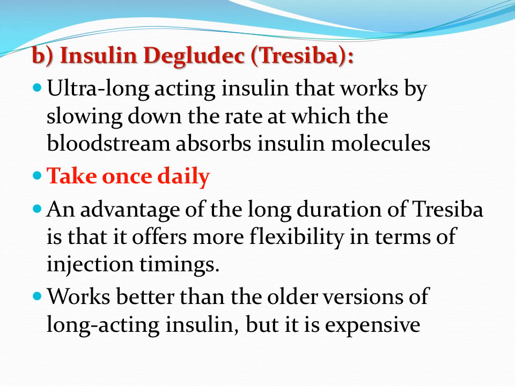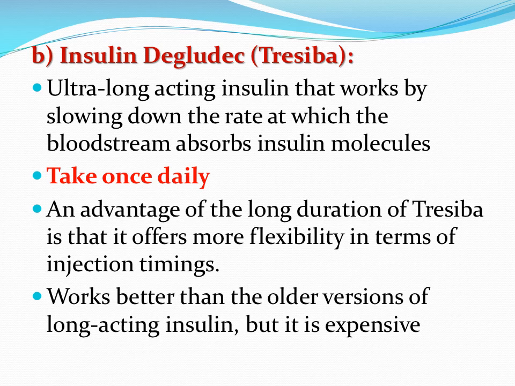Another long-acting insulin is insulin degludec, known commercially as Tresiba. It's an ultra long-acting insulin that works by slowing down the rate at which the bloodstream absorbs insulin molecules. Being long-acting, it's taken as one daily dose.